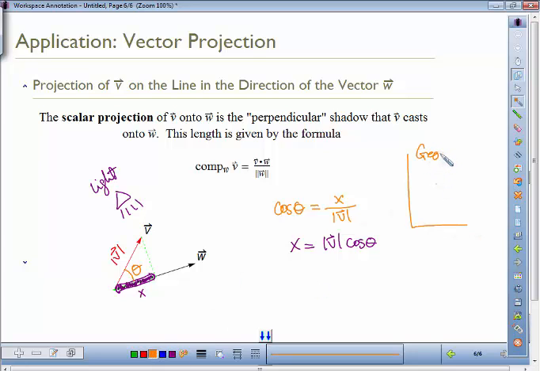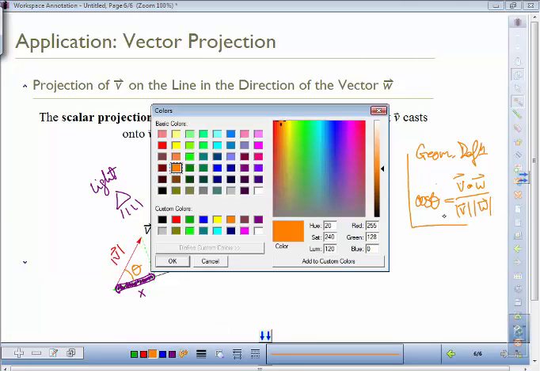it's a geometric definition. I also know that the cosine of theta is equal to the dot product of V and W, right? Divided by the magnitudes of V and W. So I'm going to go ahead and replace that.